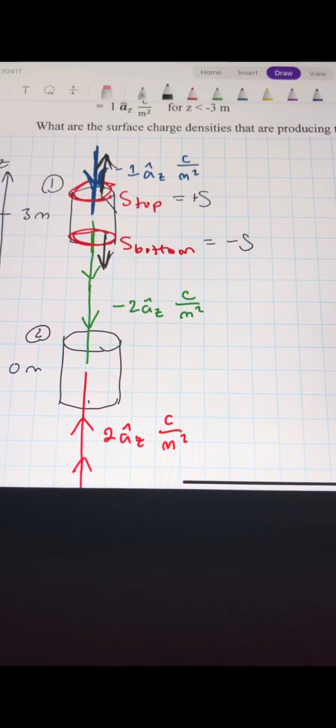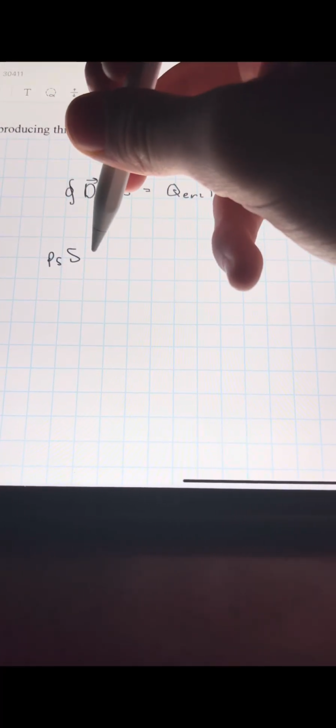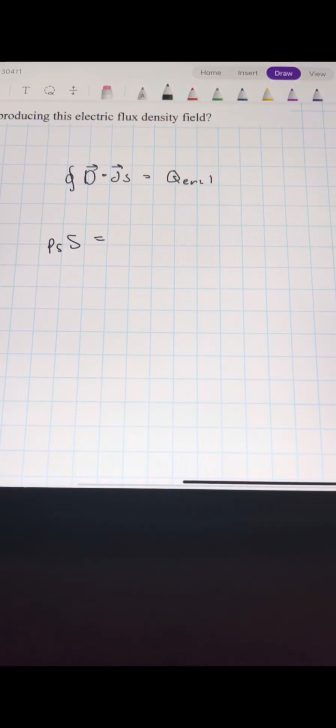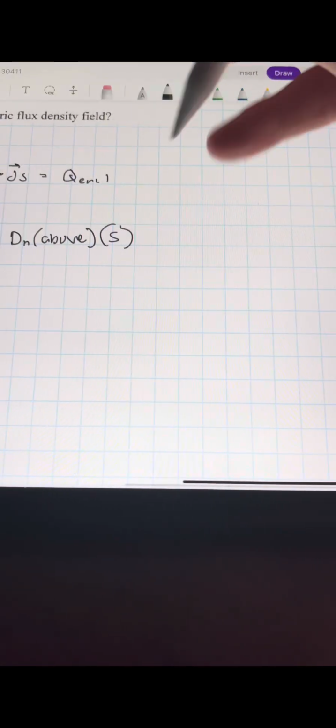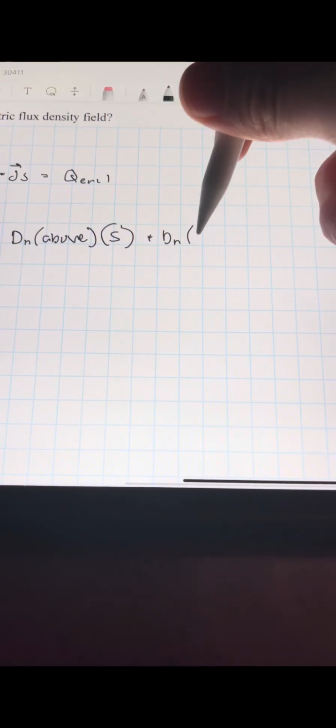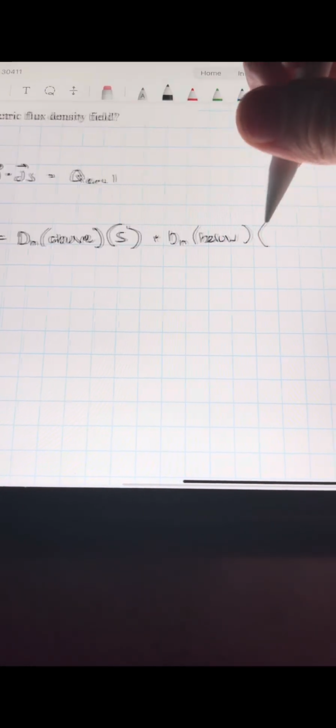And together these equal the free surface charge density times that same area. So you have rho of S times that area S is equal to the contribution just above the plane times S plus the contribution just below the plane times -S.